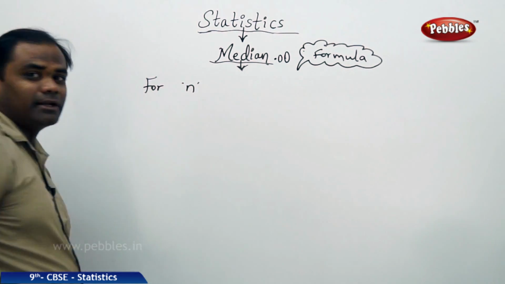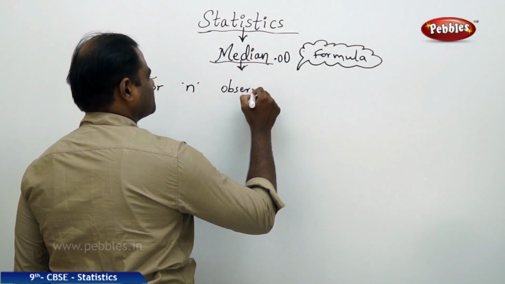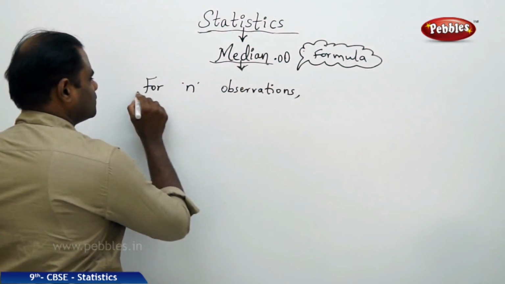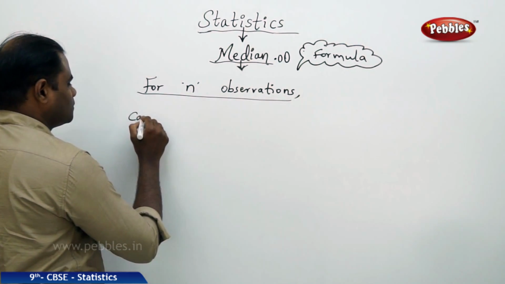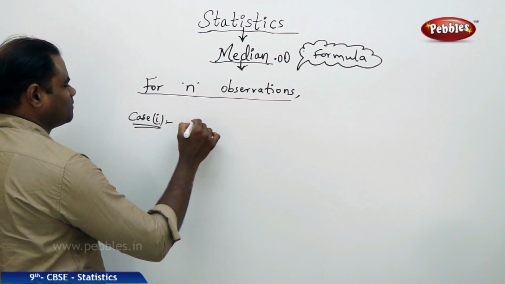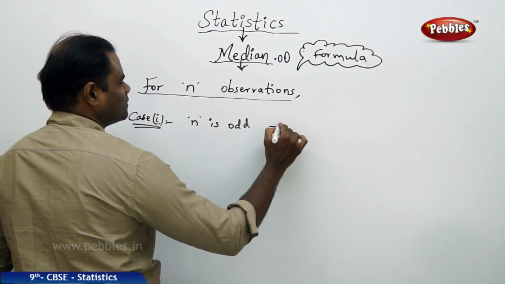Assuming that there are n observations, case 1, n is odd.